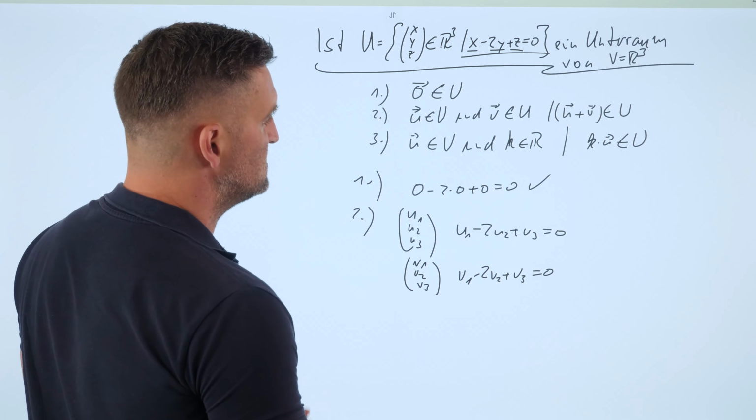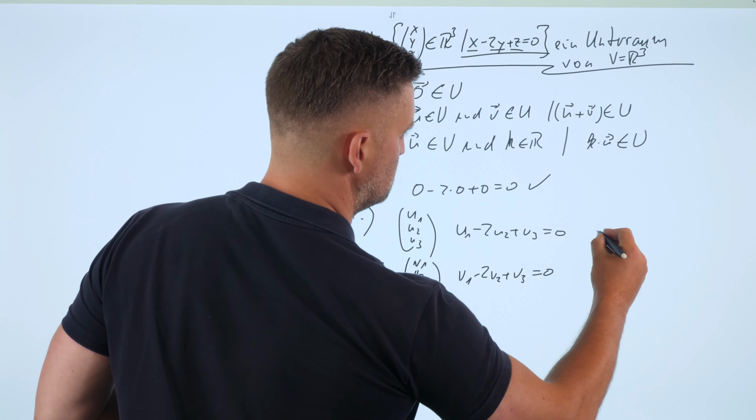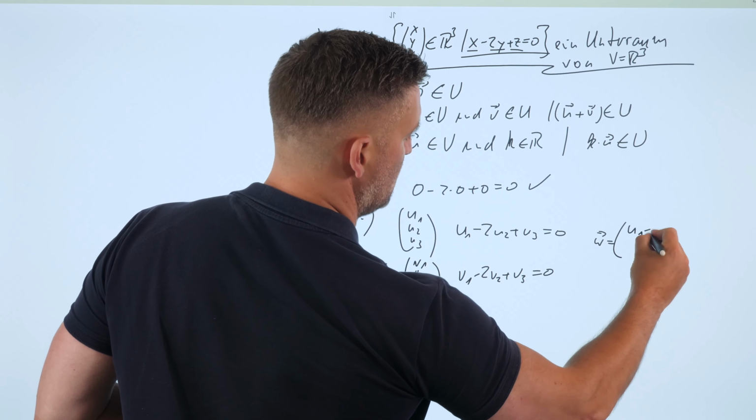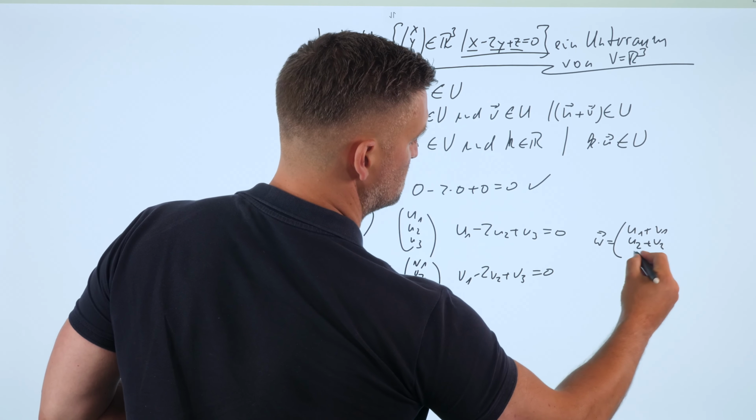Now let's look at addition, so another vector. I'll say now, for example, w equals u1 plus v1, u2 plus v2, u3 plus v3.